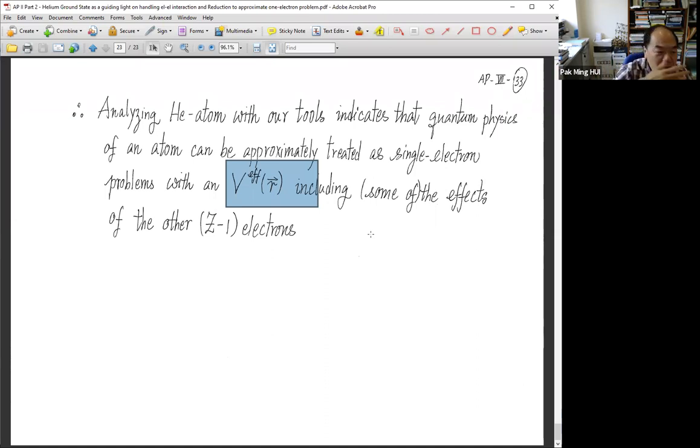So I hope today I have explained to you some of the mystery that you have heard over the years. From chemistry courses, you take it for granted that a potassium atom will have 1s, 2s, 2p, 3s, 3p, and 3d and 4s. So it seems natural. What I want to tell you is that it's not so natural. There is a lot of work within the quantum mechanics framework, and also very clever approximations.